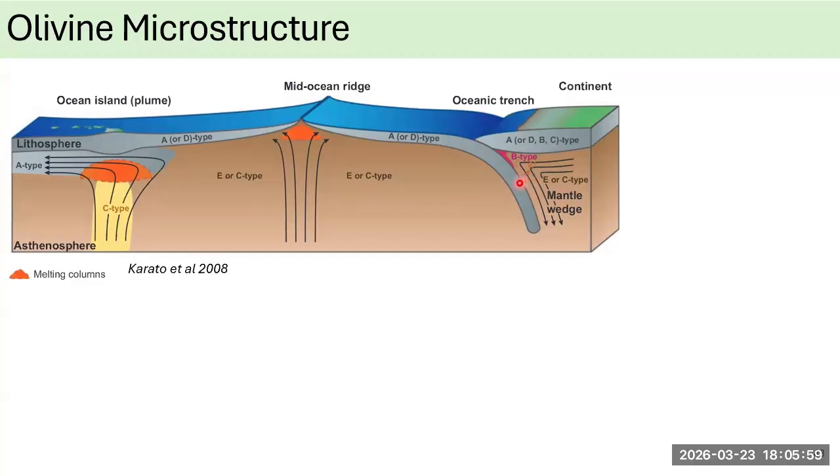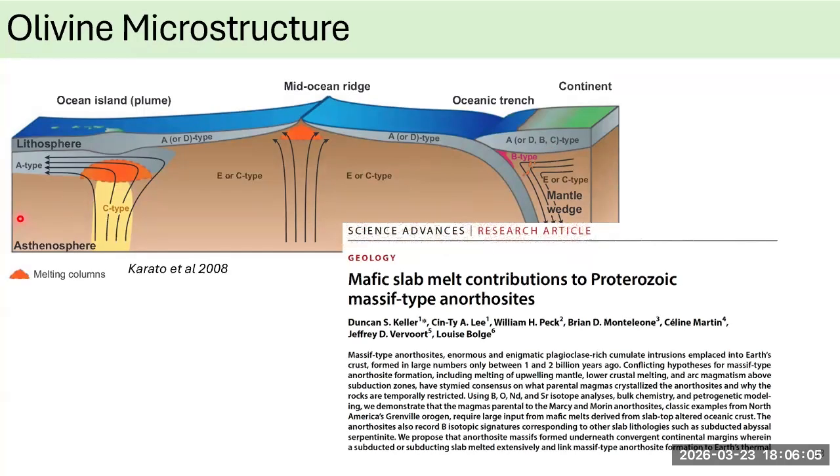This by itself is not very deterministic, right? Because it can be this and it can be this and it can be all different things. But another interesting study on a different type of anorthosite actually showed that there are some boron isotopes in these dry rocks that could be indicative of slab lithologies.